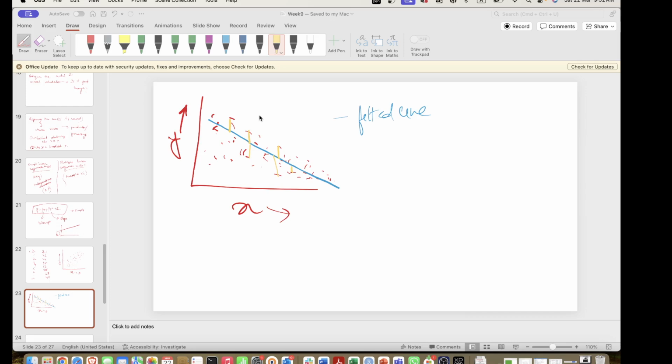But even after fitting, I am seeing a certain difference between the true y and my fitted y.